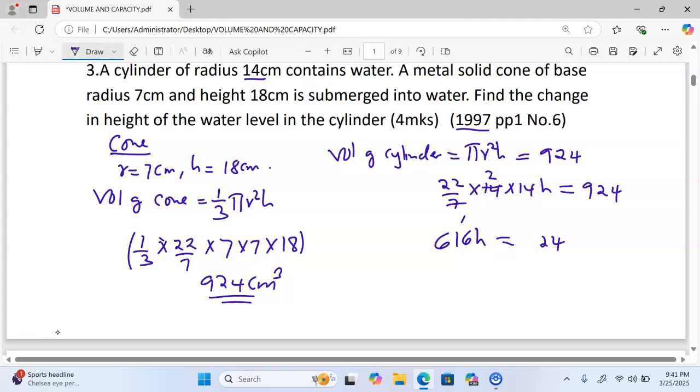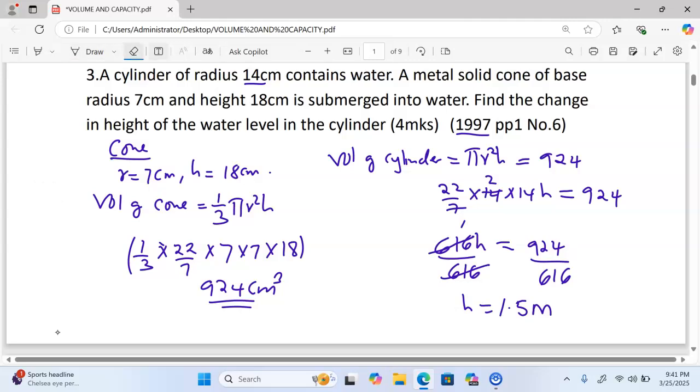To get h, we divide both sides by 616, such that our height is equal to 924 divided by 616. This gives us a height of 1.5 centimeters, because the measurements are in centimeters.